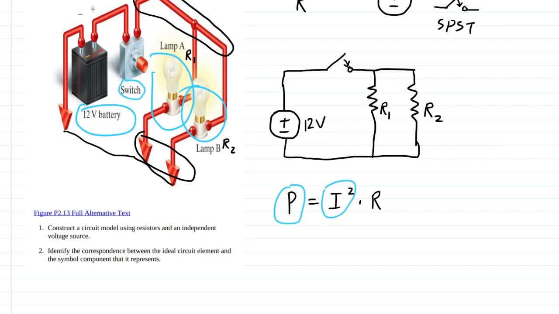We have a 12-volt battery, which is higher than most modern electronics but a lot lower than the mains electricity in your home. So that is the correspondence between these circuit elements and the symbols they represent.